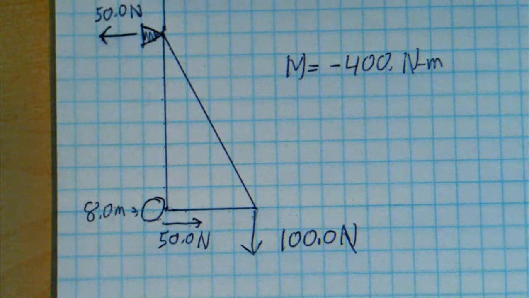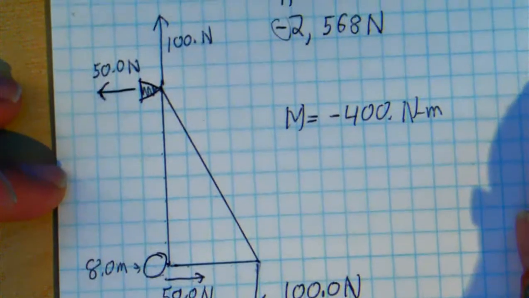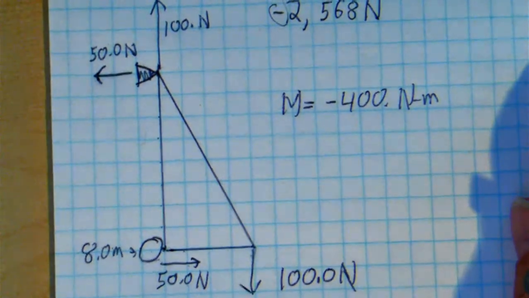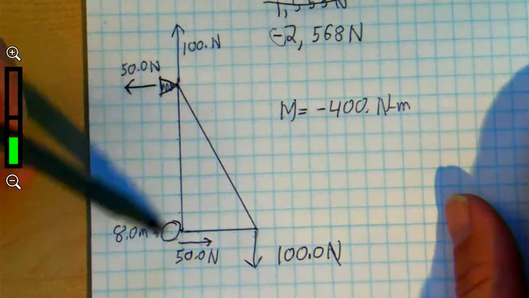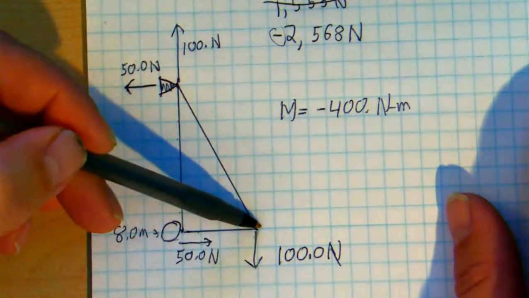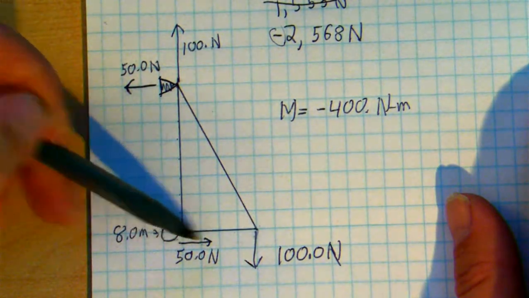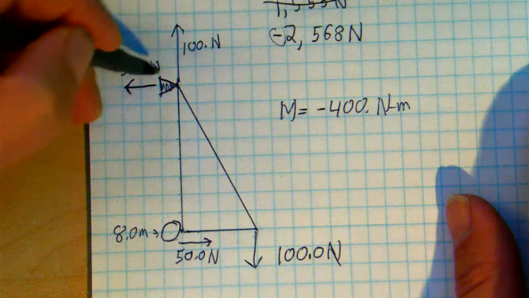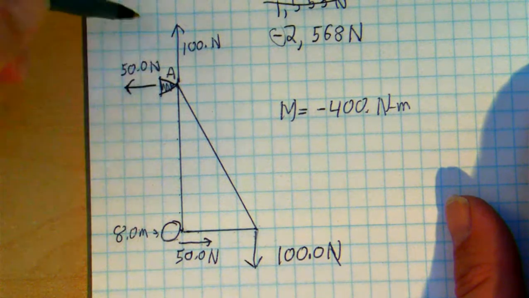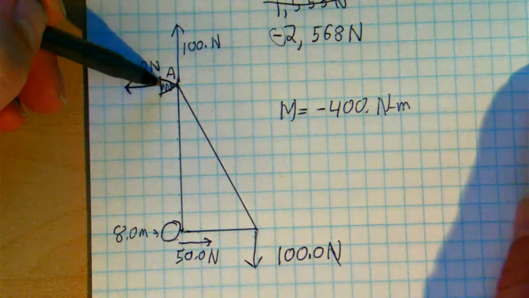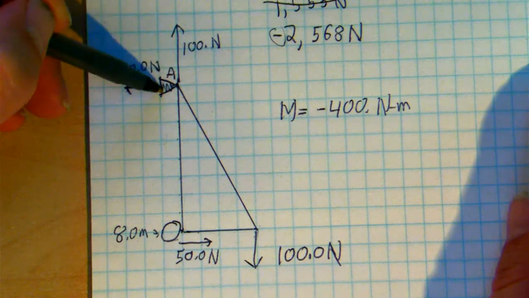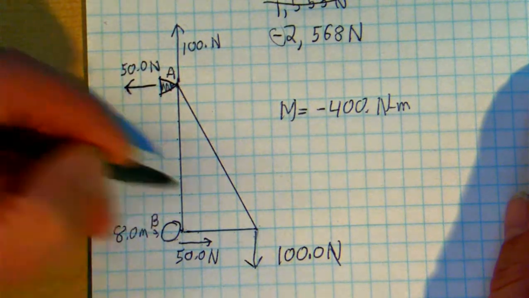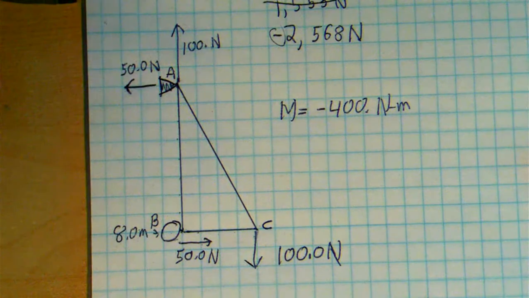I'm done with the reaction forces. I have a load of 100 newtons out here, a reaction force of 50 newtons down here. I guess I can call this top one A because I've always been putting the pivot at A and the roller at B. This point out here is C.